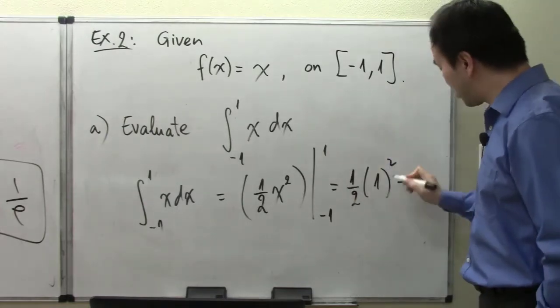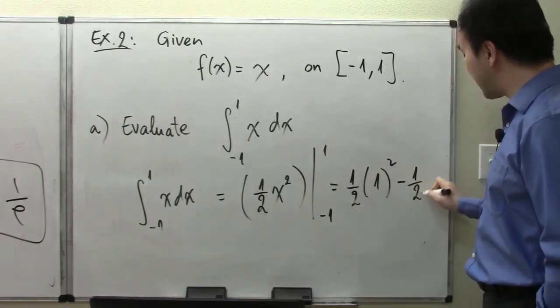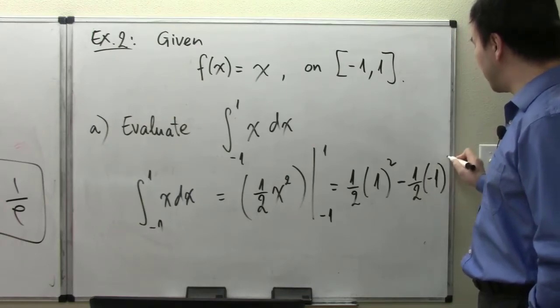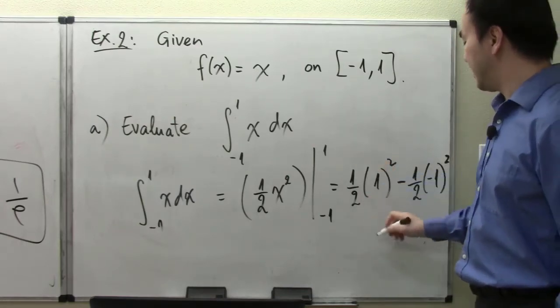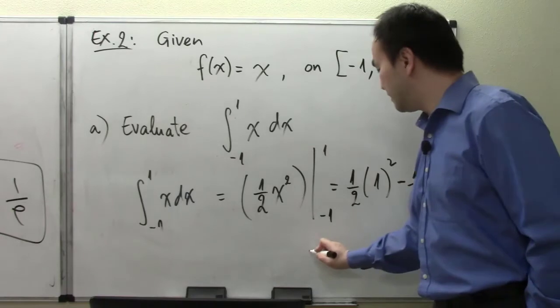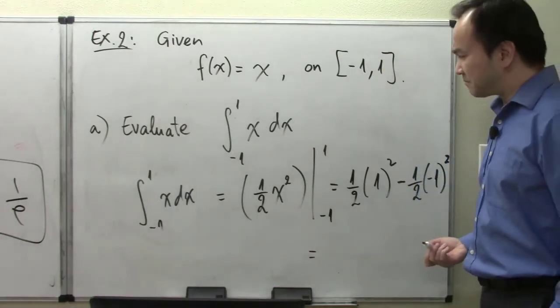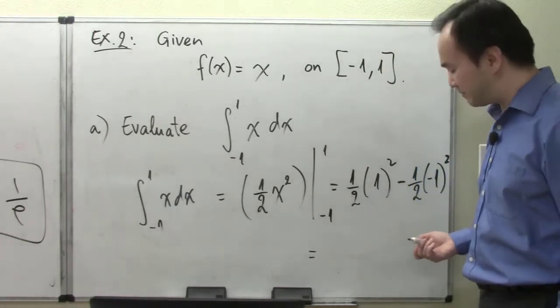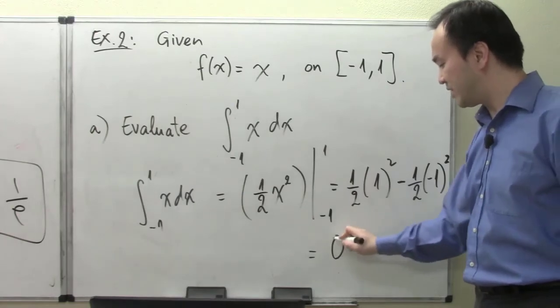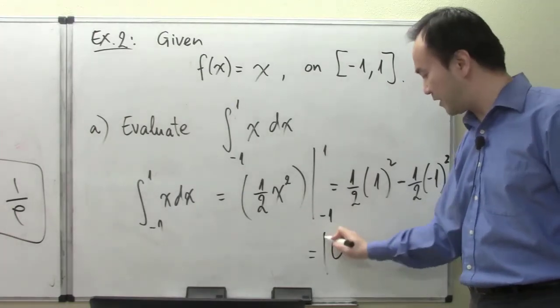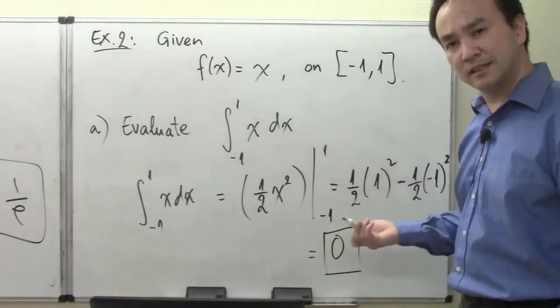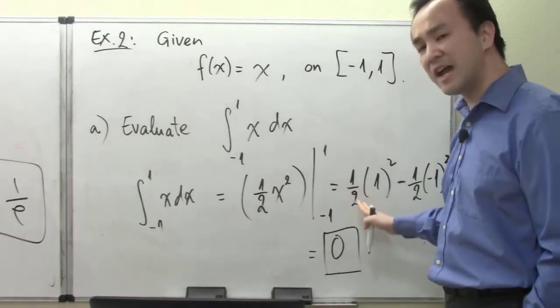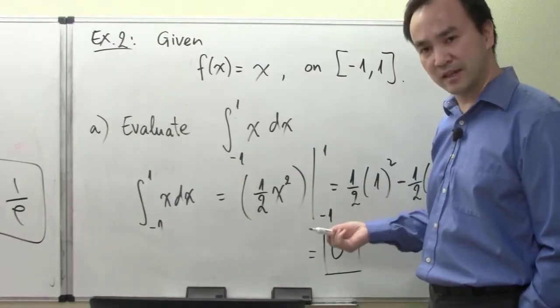And then I'm going to subtract 1/2 times -1 squared, evaluated at the lower limit. And that's how we get to our final answer. The final answer for this problem is actually 0. So as a pure definite integral problem, the answer to this integral is 0.